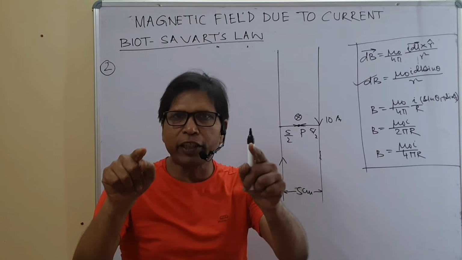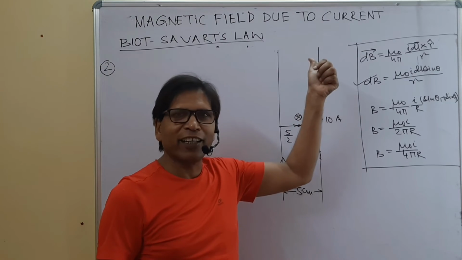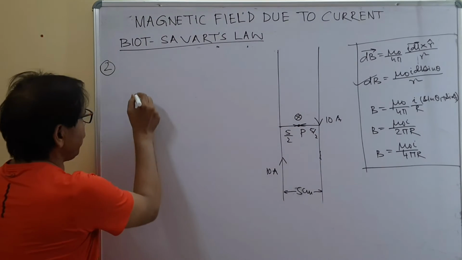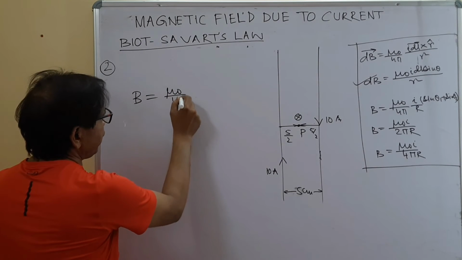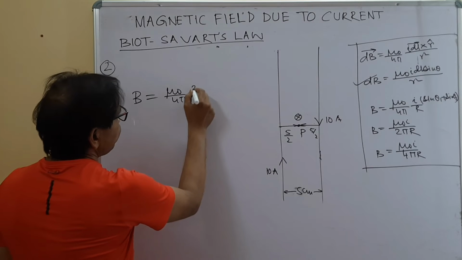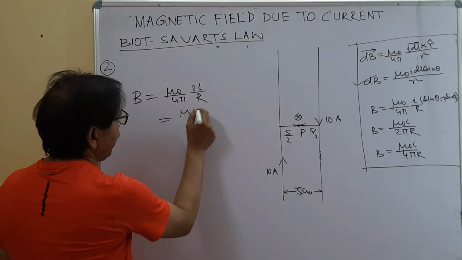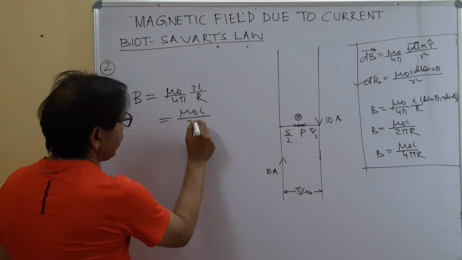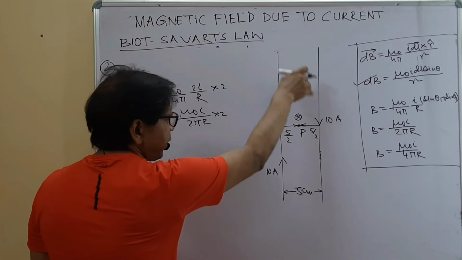So the total magnetic field is the sum of the magnetic fields due to the two conductors. The magnetic field B at the point P is mu naught by 4 pi into 2I by R, that is, mu naught I by 2 pi R into 2 due to the two conductors here.